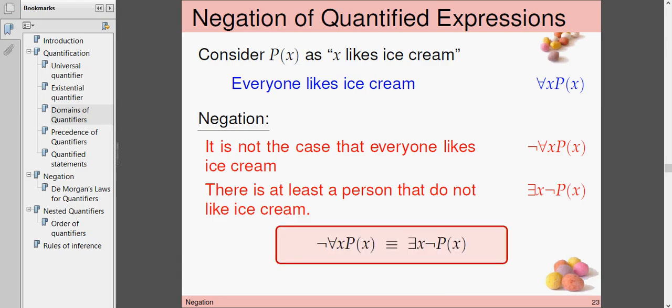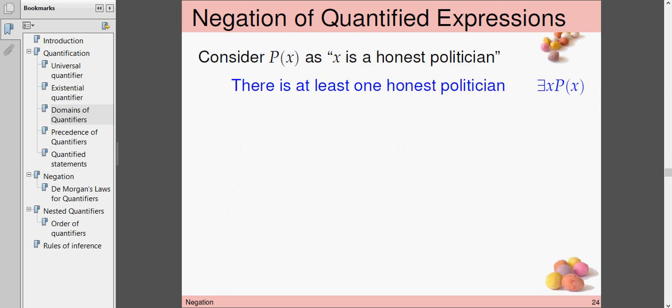So the negation of the statement that everyone likes ice cream is that not everyone likes ice cream, which means at least one person does not like ice cream. We can say it's equivalent because it has the same meaning. It's different if I put the negation elsewhere in this statement, it will not be equivalent, so I need to focus.